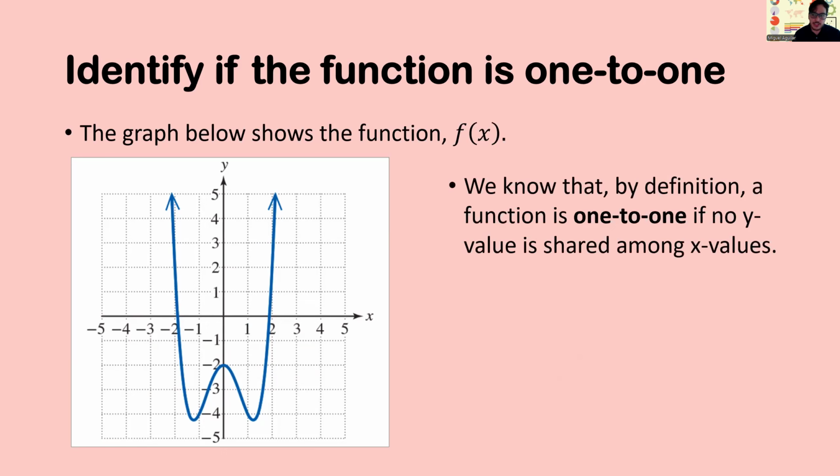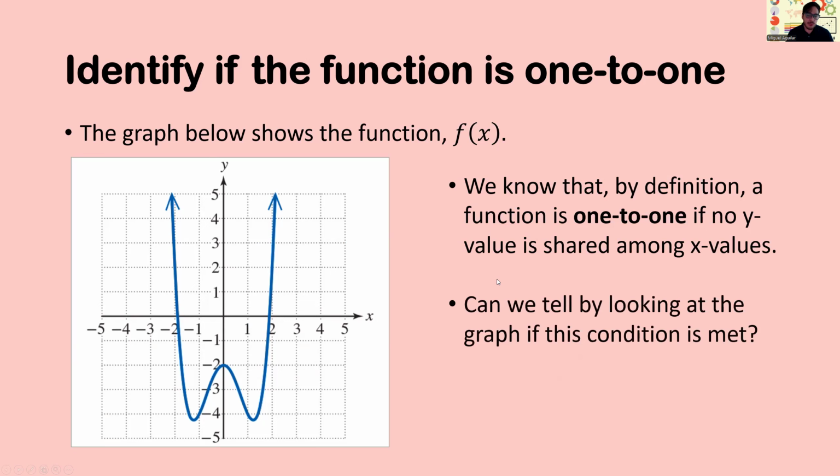We know by definition that we have a one-to-one function as long as none of the y values are shared among the x values. In other words, the wives cannot be having more than one husband. So can anybody think of a tool or something we can do to tell just by looking at this graph if that condition is met?